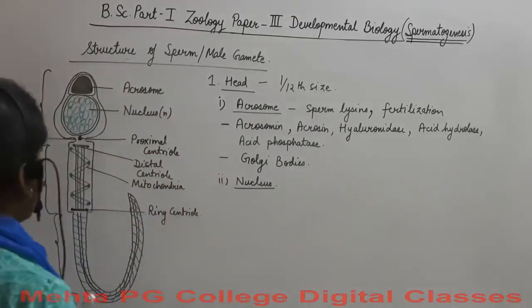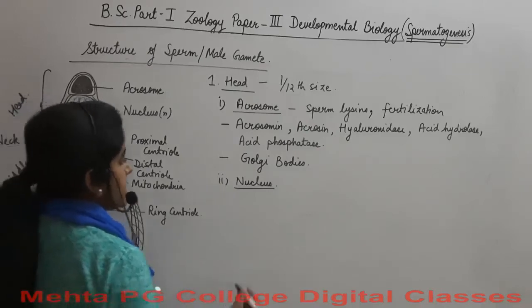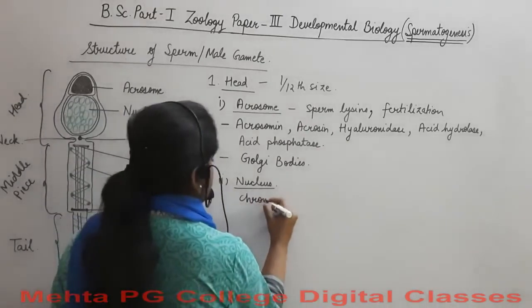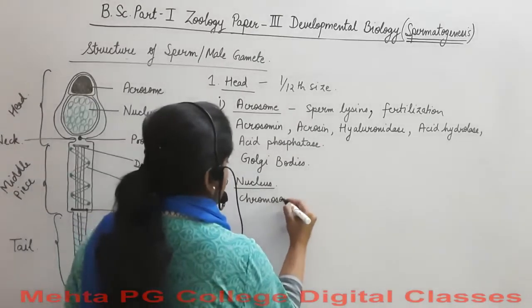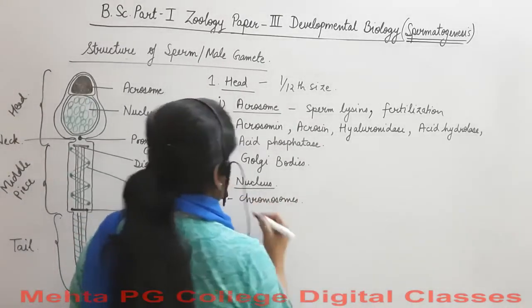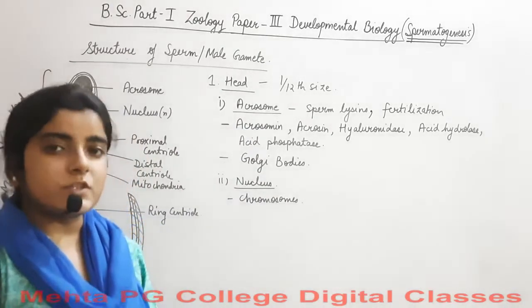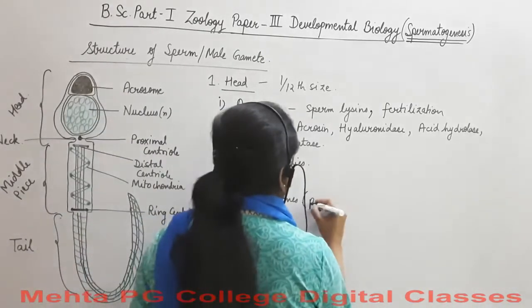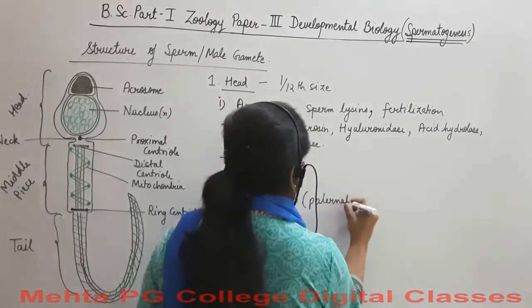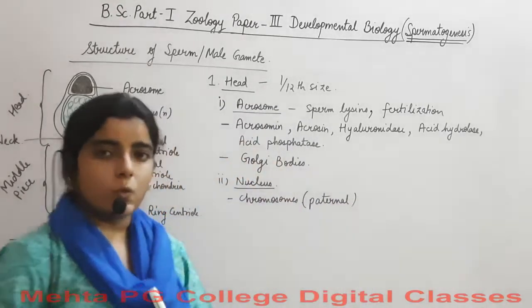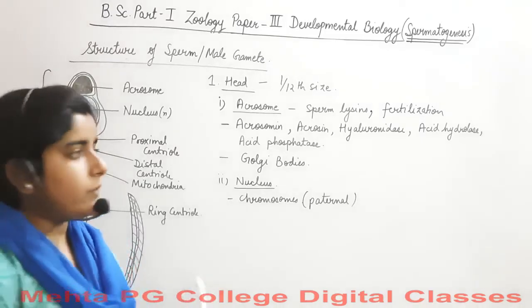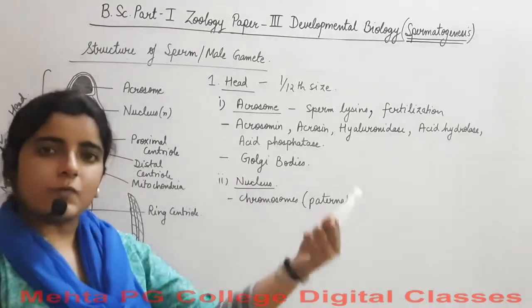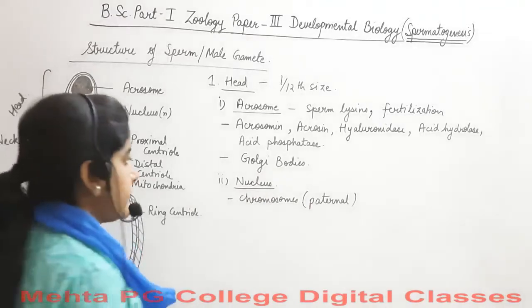Now, the nucleus part is the part present just below the acrosome part, and in this nucleus part, chromosomes are present. From which side? Paternal side. So paternal chromosomes are present, which go on from one generation to the next.